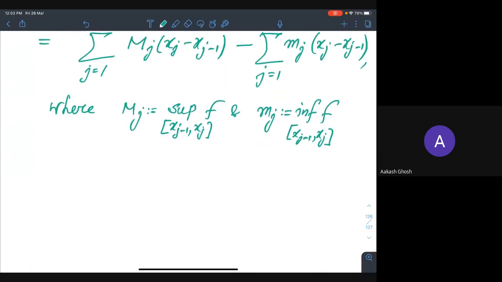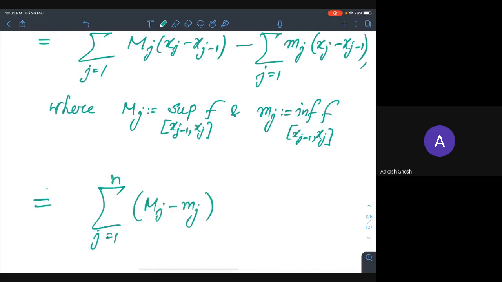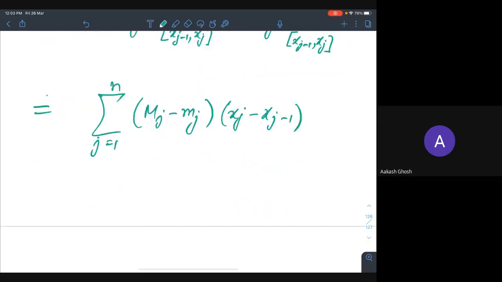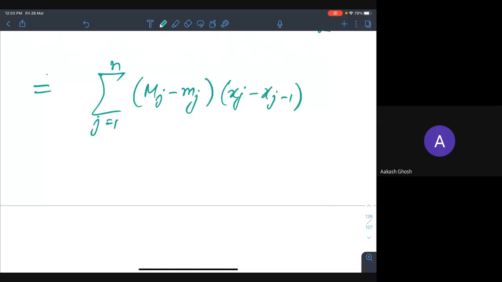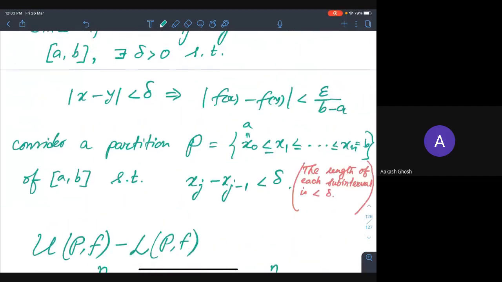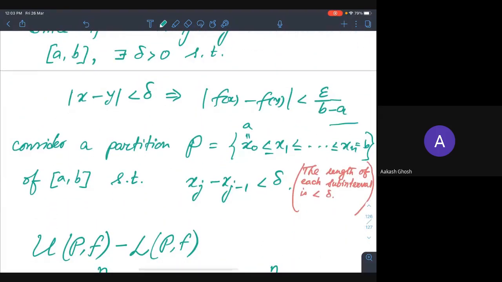All right. Now, which is equal to the summation j equal to 1 to n of (M_j minus m_j)(x_j minus x_{j-1}). All right. Now, I should give it a name. This is 2.